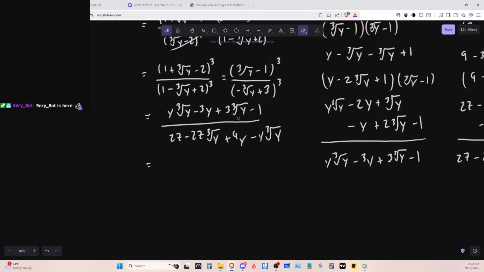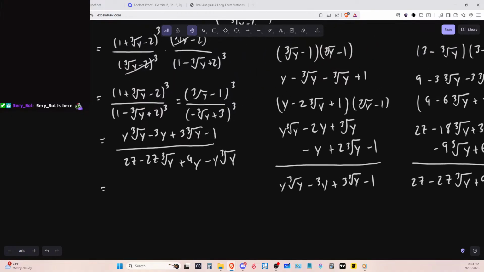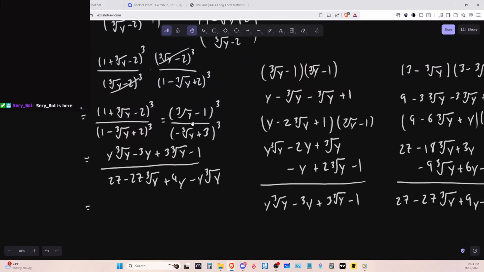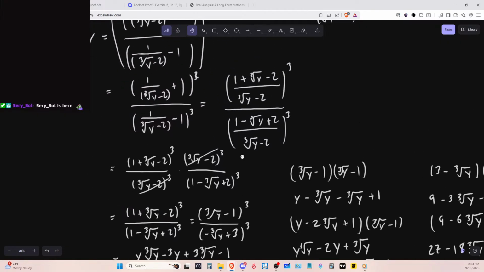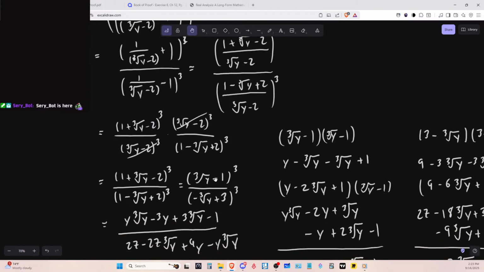Because we got y here, 1 minus. Becomes negative. Yeah, because it becomes like right here. Yeah, that becomes negative. So then that's negative 1. So yeah, that is correct.